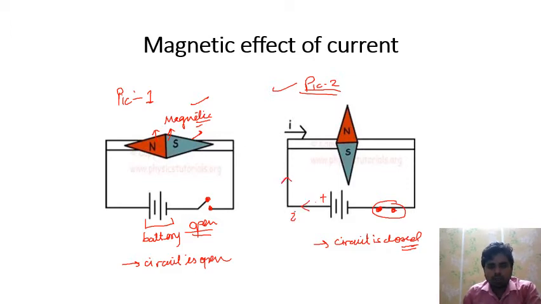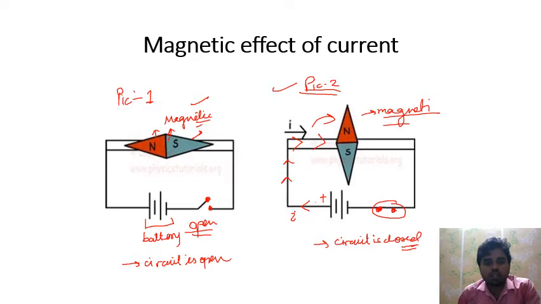This magnet was earlier in this direction, and when the current flowed through the wire, there was some movement shown in the magnet. So what conclusion can you make from this? Earlier there was no current, so the magnet was in this condition, and when the current flowed through the wire, we can see there was movement in the magnet.